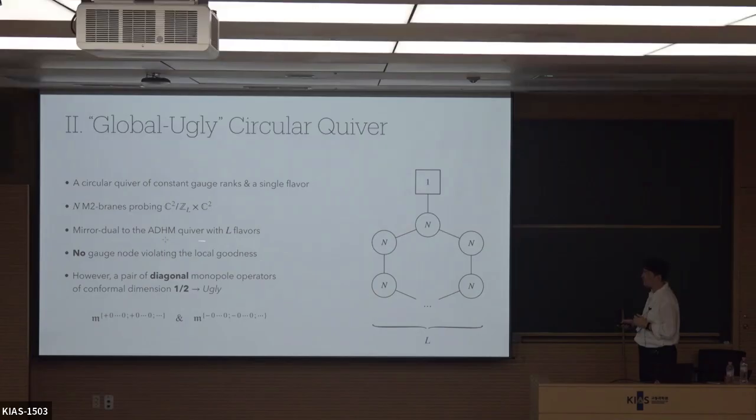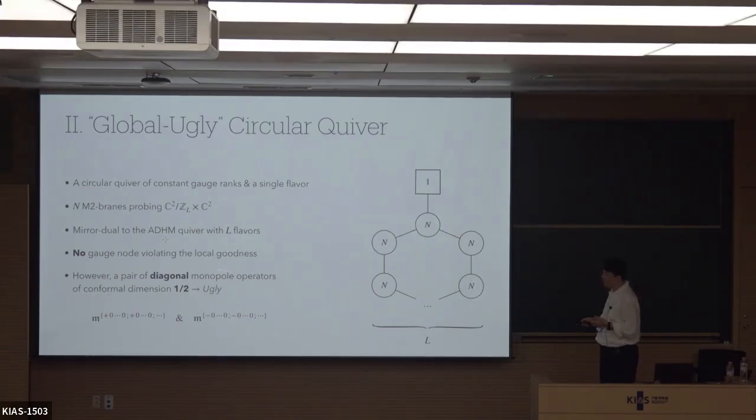And this is mirror dual to the ADHM quiver with L flavors. You can check that in this case, there is no local gauge node violating the local goodness of the node. So there is no decoupled monopole operator if it is only charged on a single gauge node.